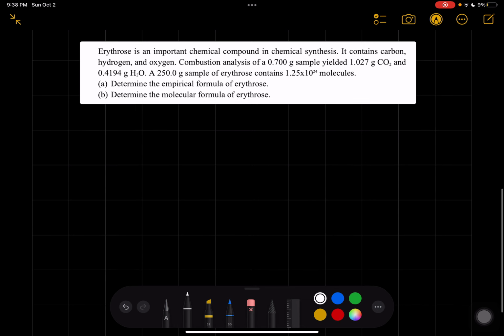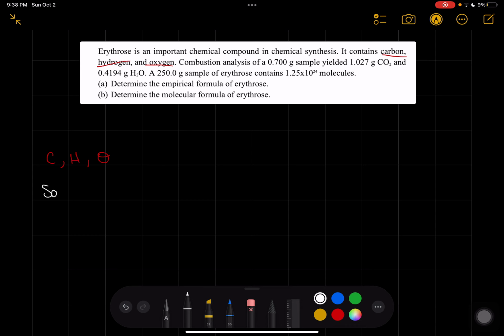Erythrose is an important chemical compound in chemical synthesis. It contains carbon, hydrogen, and oxygen. So that means our sample is made out of C's, H's, and O's. So this O is going to be a little curly, so you don't mistake it for a 0. Okay. Combustion analysis of a 0.700 gram sample yielded.